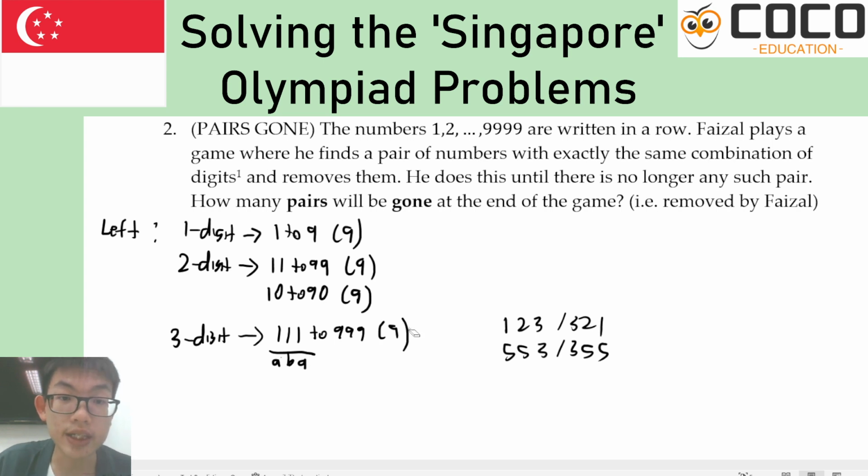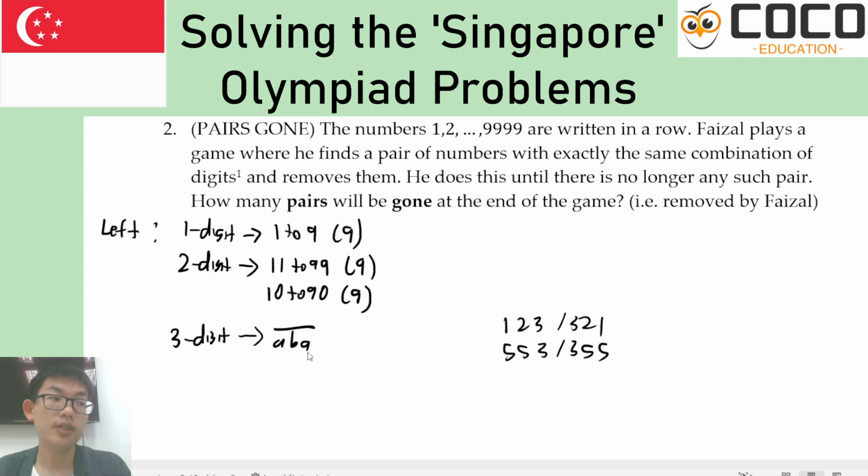So technically I can remove that and just put it as palindromes ABA. But we can also just think very carefully. If A equals B, that's okay. A not equals B, that's also okay. That's not the issue. The issue is the zeros in that.